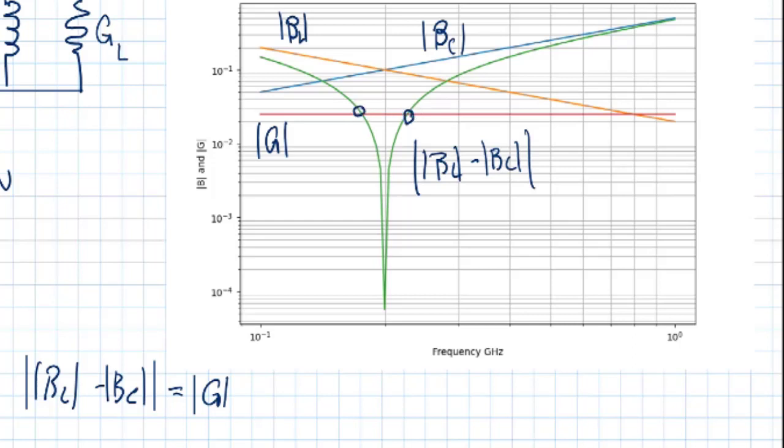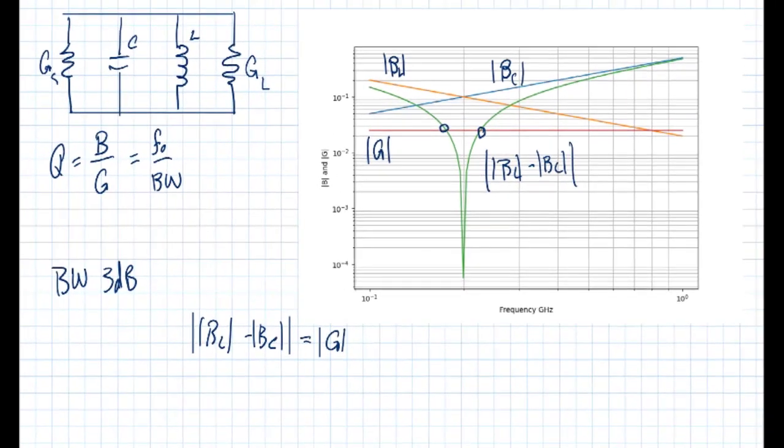So graphically, we can see, based on the shape of the plot and the relationship of Q being the ratio of the susceptance to the conductance, if we increase the conductance, Q will be smaller. And that also implies with a lower value of Q, the bandwidth will be larger.